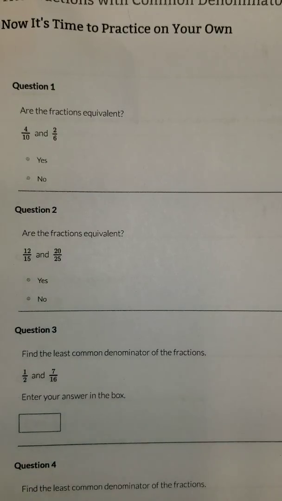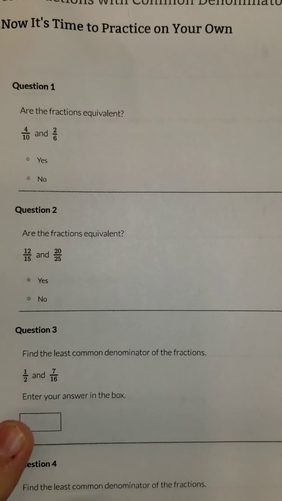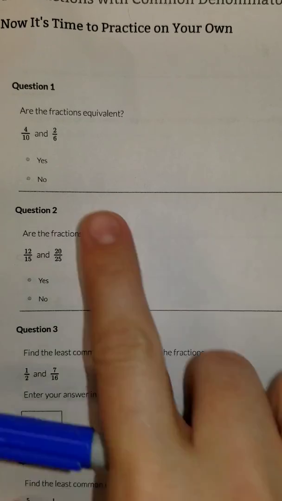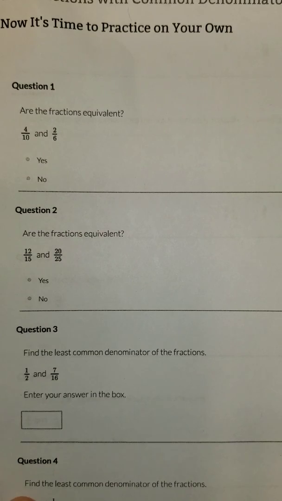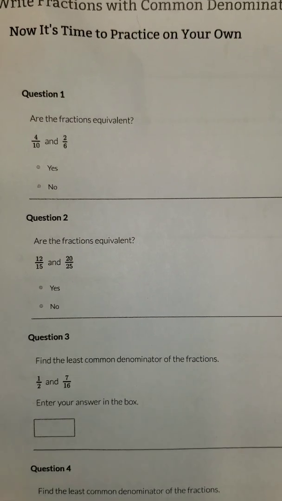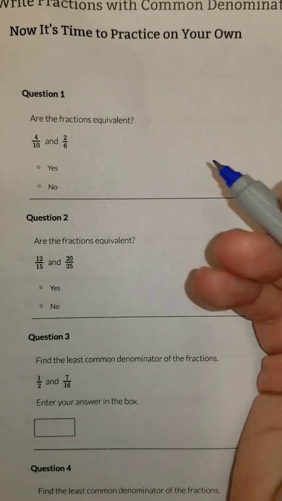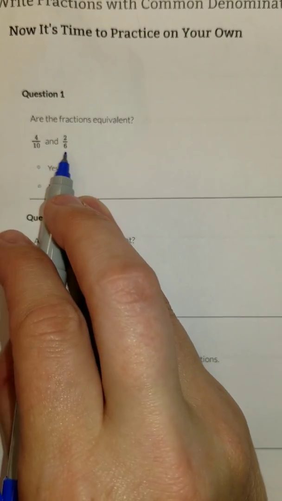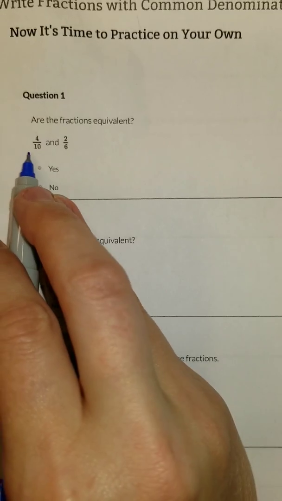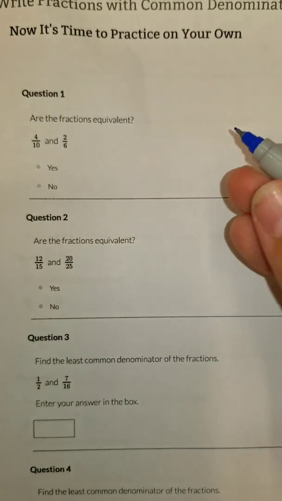So we are going to look at writing fractions with common denominators. Our first question is, are these fractions equivalent? We've got 4/10 and 2/6. The first thing I need to do is find the least common denominator between 10 and 6.